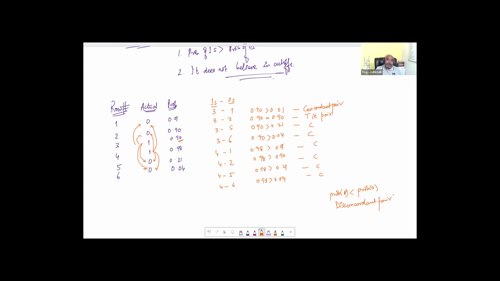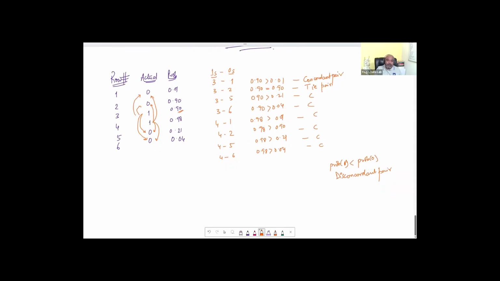Now, once you have calculated the concordant and the tie pairs, we are going to calculate the percentage of concordance. So how many concordant pairs do we have? 1, 2, 3, 4, 5, 6, 7. We have 7 concordant pairs out of 8 pairs. So what is the percentage of this? 7 by 8 multiplied by 100.